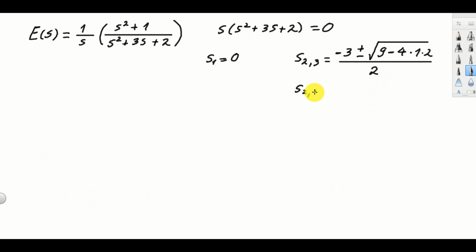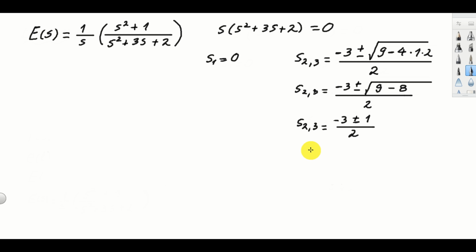So s2,3 becomes minus 3 plus minus, let's see what we have over here, 9 minus 8, divided by 2. Consequently, s2,3 is minus 3 plus minus 1 divided by 2. Consequently, s2 is minus 3 minus 1 divided by 2, that's minus 2, and s1 is minus 3 plus 1, which becomes minus 2 divided by 2, which becomes minus 1.